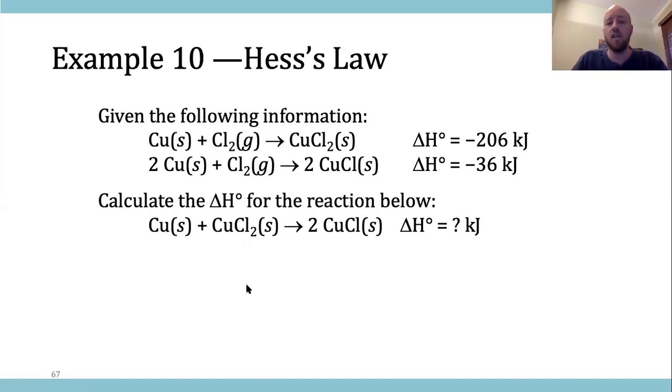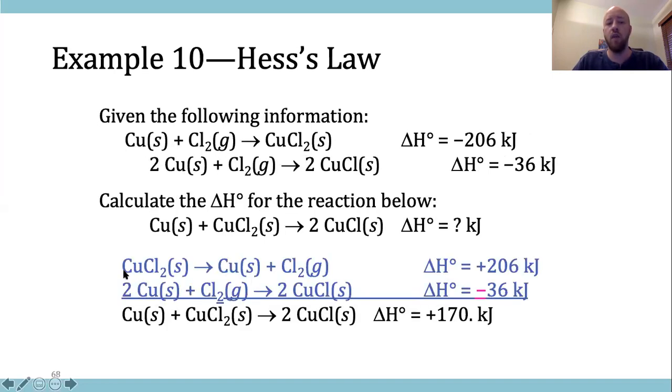So I need CuCl2 as a reactant, because this is the reaction I'm looking for. I need it as a reactant, and I need 1 mole of it. So it's in this reaction here, but flip it around. When we flip that reaction around, it changes the sign on delta H. Whatever you do to the reaction, you also do to the delta H value.